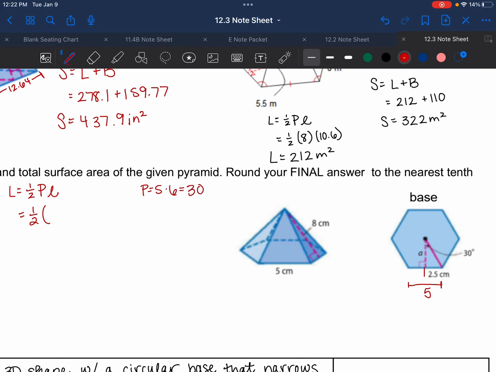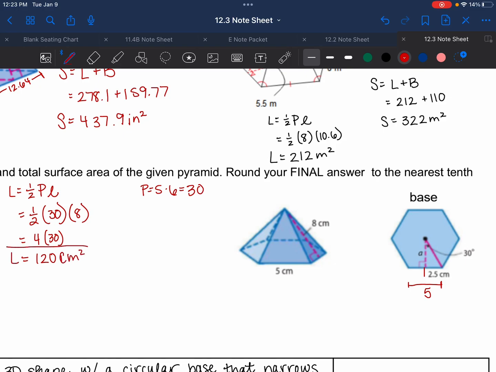So our perimeter is 30. Our slant length is the 8 centimeters given there. All right, 1/2 times 8 is 4, so I'll do 4 times 30, which is 120. So our lateral area is 120 centimeters squared.